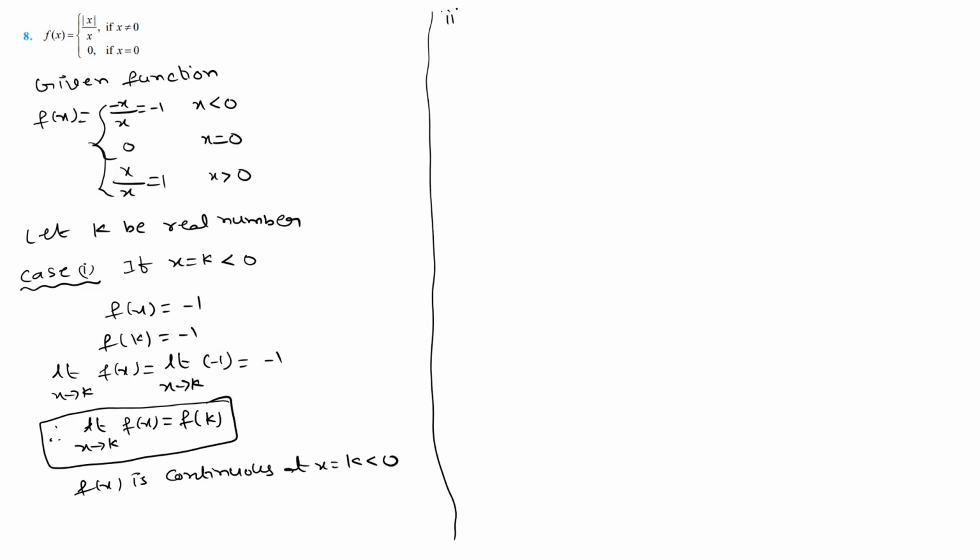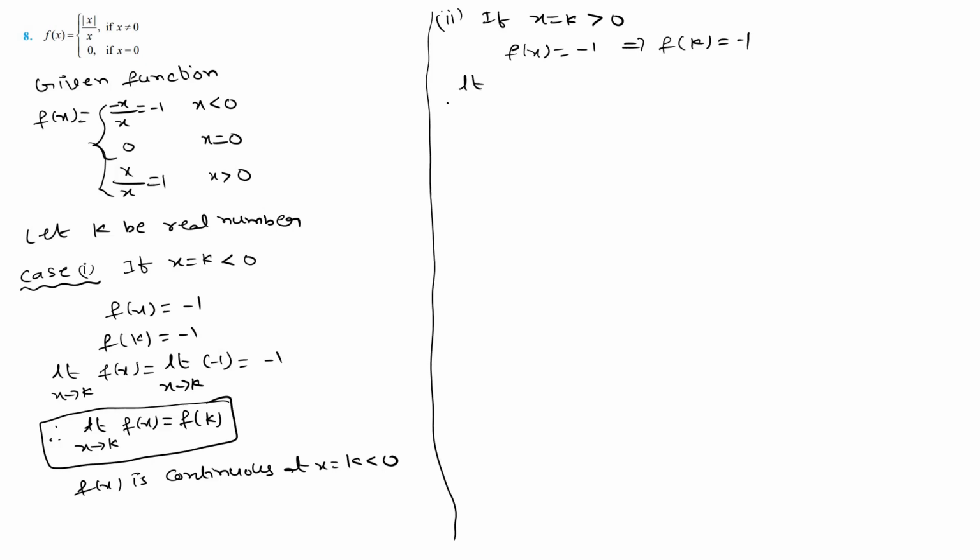Next, the second case is if x equal to k, which is greater than 0. Greater than 0 also we take the same function, so it is continuous. We take minus 1 here, f of x is equal to minus 1 only, which means f of k is also minus 1.